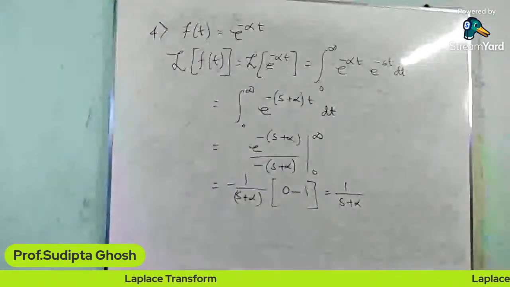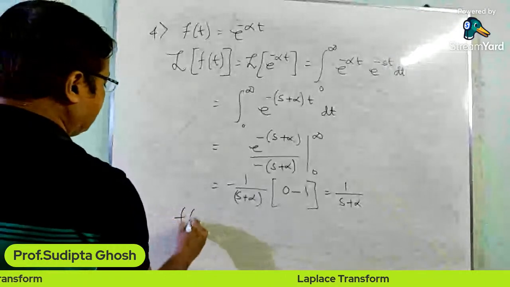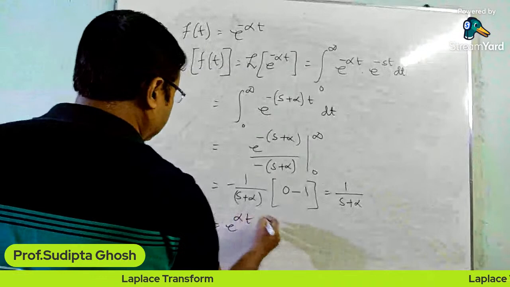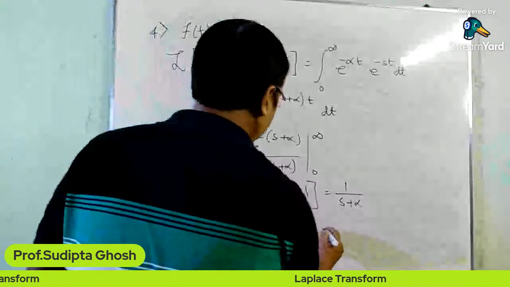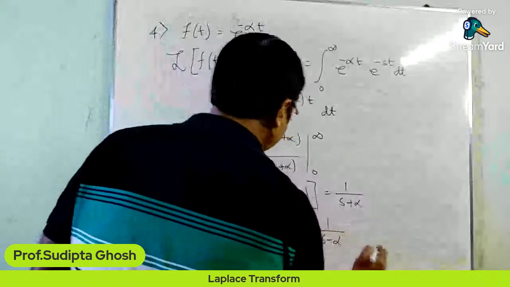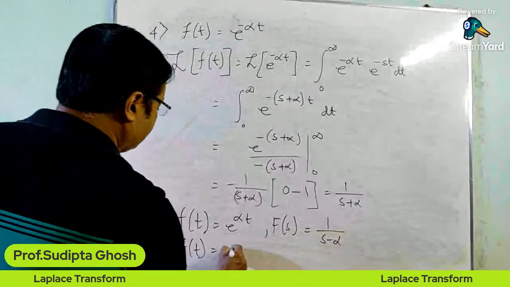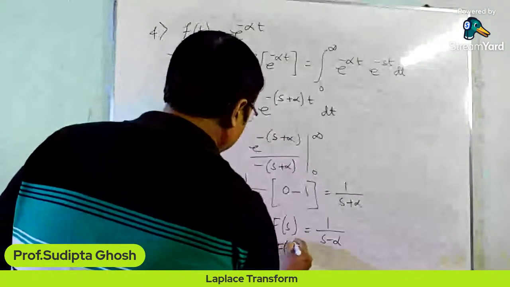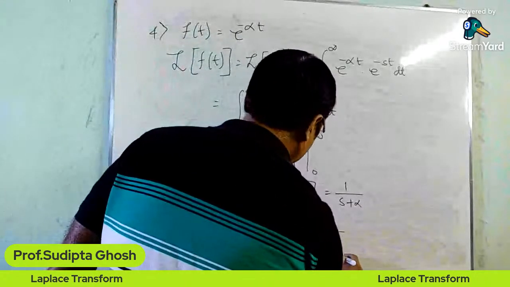So what we have in our hands is that while taking the functional form as e to the power alpha t, we have the frequency domain form F of s equals 1 by (s minus alpha), and while the functional form is e to the power minus alpha t, the frequency domain form is 1 by (s plus alpha).